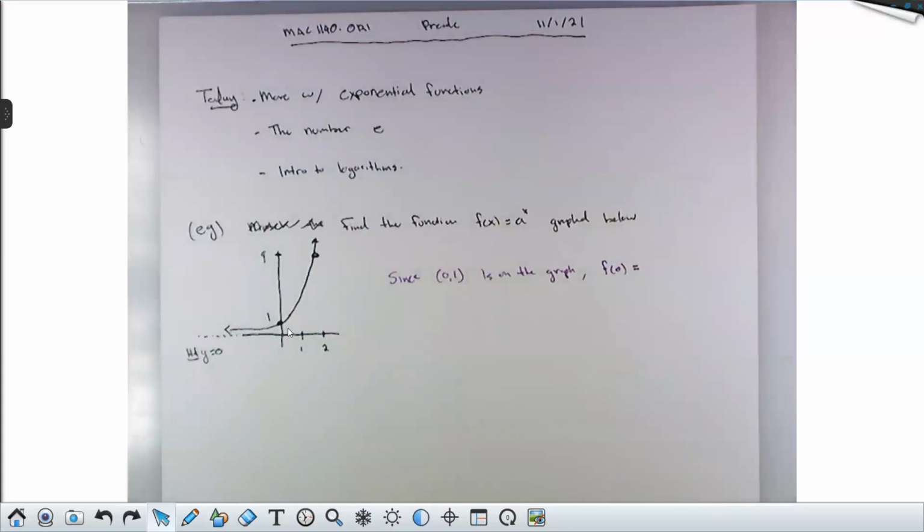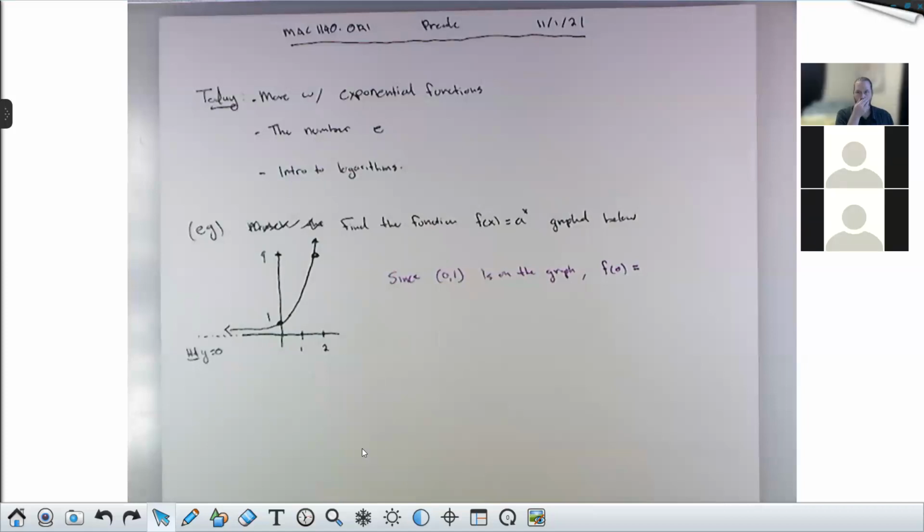Since the point (0, 1) is on the graph, what is f of 0? Who remembers how to do this? Would it be 1? Yeah, exactly, right? Every point along the graph is of the form a comma f of a, some number comma f of that number. So (0, 1) being on the graph means f of 0 is equal to 1.